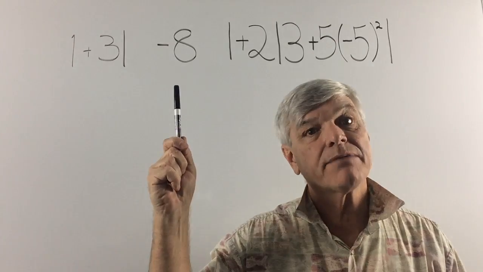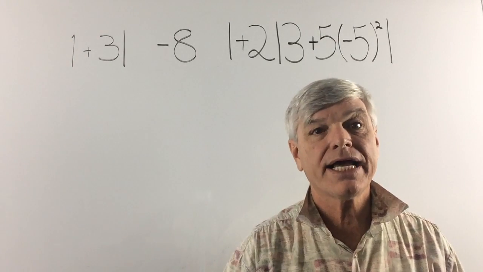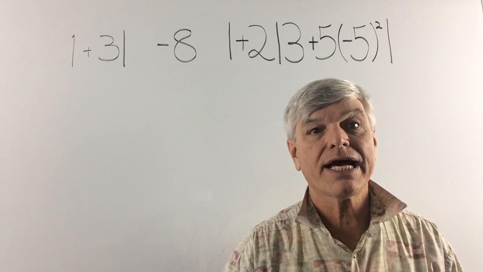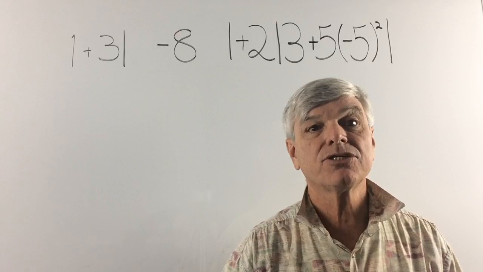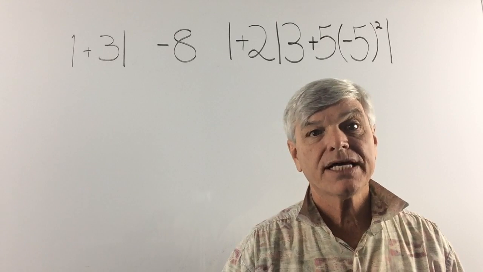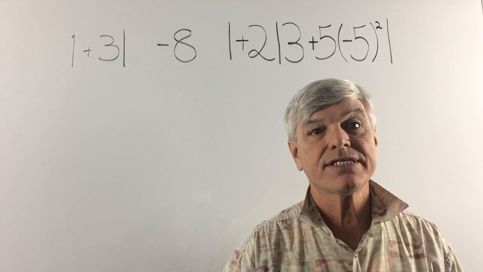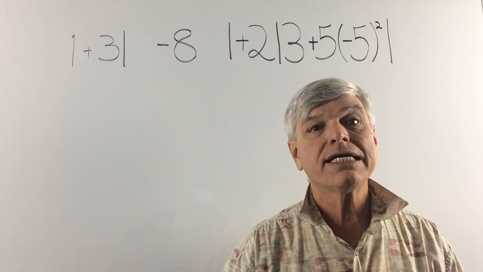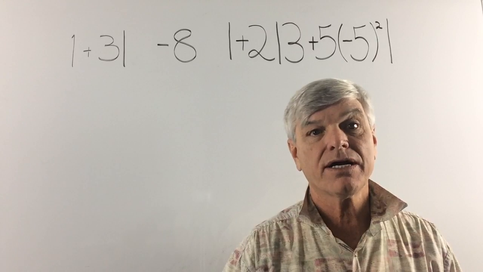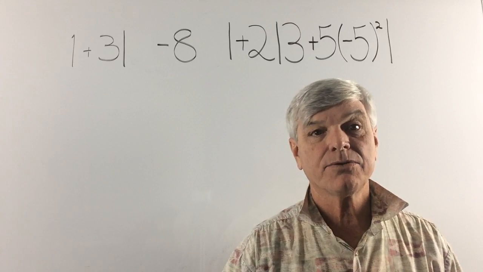Now let's move to the absolute value bars on the right-hand side. The first thing that we have in there, or the last thing that we have in there, but the first function we're going to perform is the exponent. The exponent is next to a parentheses. Now, what is that exponent next to? The exponent is 2, or we say squared, but what is it next to?